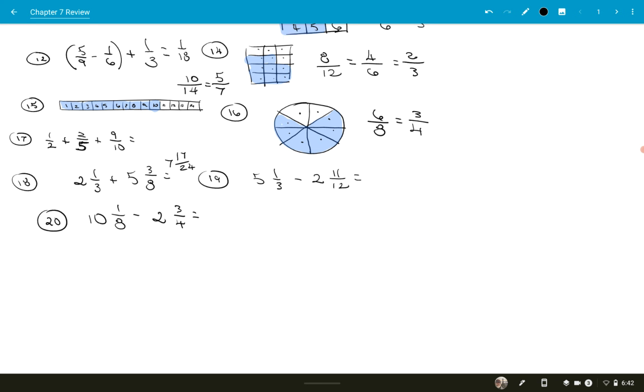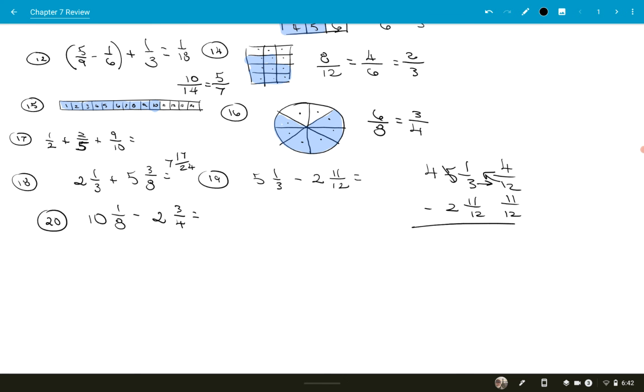Number 19, 5 and 1/3. And we're subtracting 2 and 11 twelfths. What's the common denominator? It's going to be 12. That stays the same. 3 goes into 12 4 times, and 1 times 4 is 4. Now, we can't subtract 11 from 4. That doesn't work. So we have to borrow. So the 5 becomes a 4. We borrow 1.